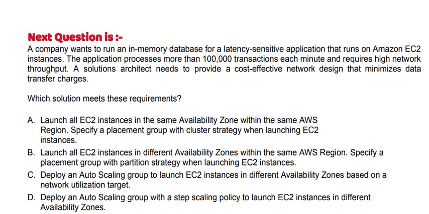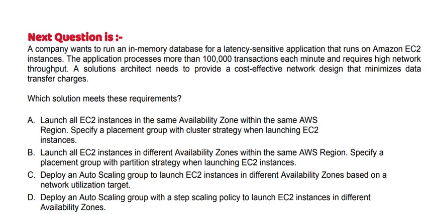A solutions architect needs to provide a cost-effective network design that minimizes data transfer charges. Which solution meets these requirements? Option A: launch all EC2 instances in the same availability zone within the same AWS region. Specify a placement group with cluster strategy when launching EC2 instances.